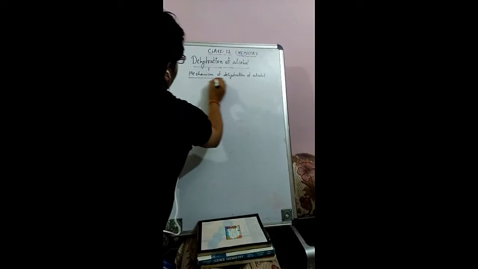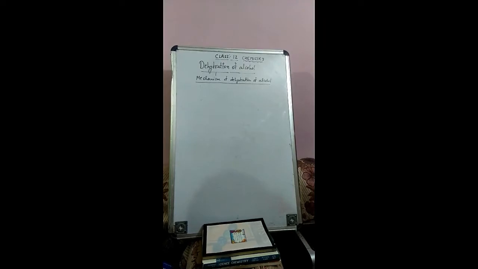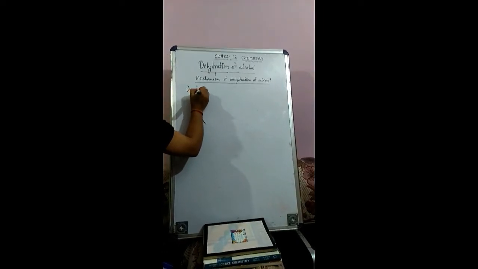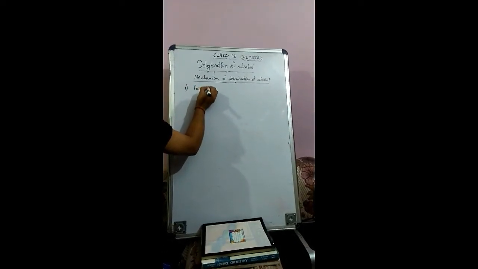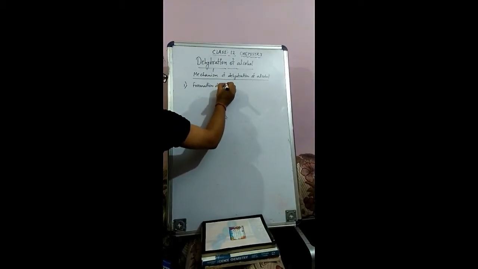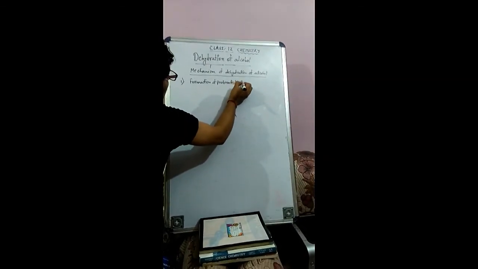If you see the mechanism of dehydration of alcohol, first of all we form a protonated alcohol. During this mechanism, firstly the alcohol is converted into protonated alcohol. That means the first step is the formation of protonated alcohol.